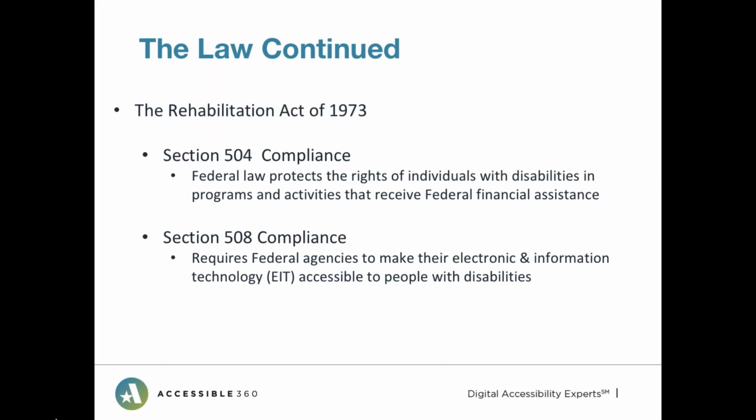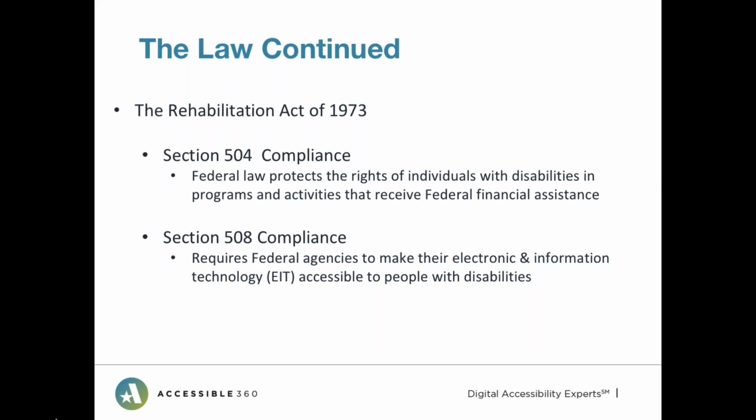So the first law, which this whole concept was started with, was the Rehabilitation Act of 1973. This just had to do with either federal agencies or companies that receive federal financial assistance. So if you think of schools, land-grant universities, FAFSA, if you fill those out for your kids, any place like that. And then medical. So if they take funds from the Affordable Care Act, Medicaid or Medicare, those are federally funded assistance programs.